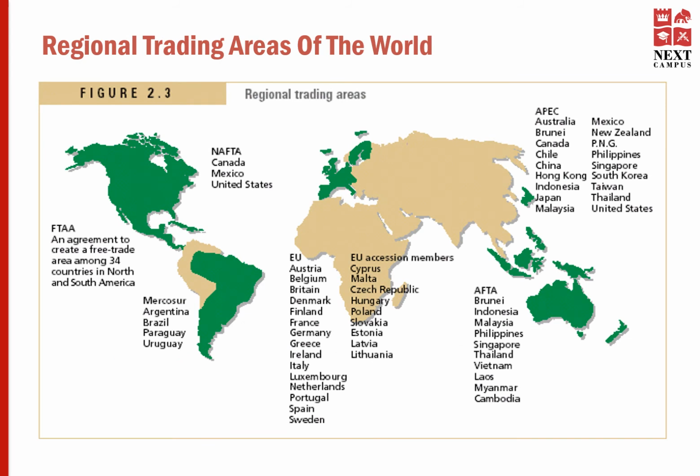We mentioned a couple of trade blocs, and I'm sure you have seen at least some of these. One key trade bloc that's missing here is SAARC, which is not mentioned, and you have APEC, you have AFTA, you have EU, you have NAFTA.